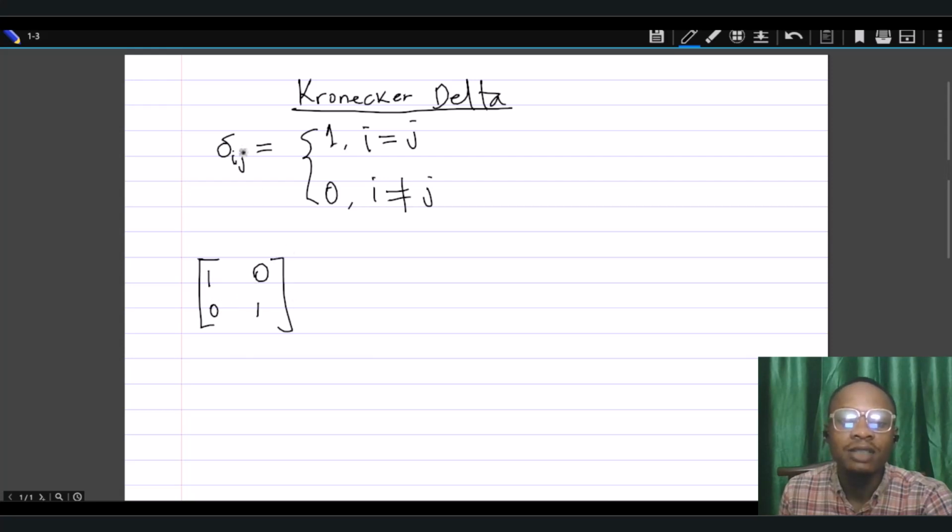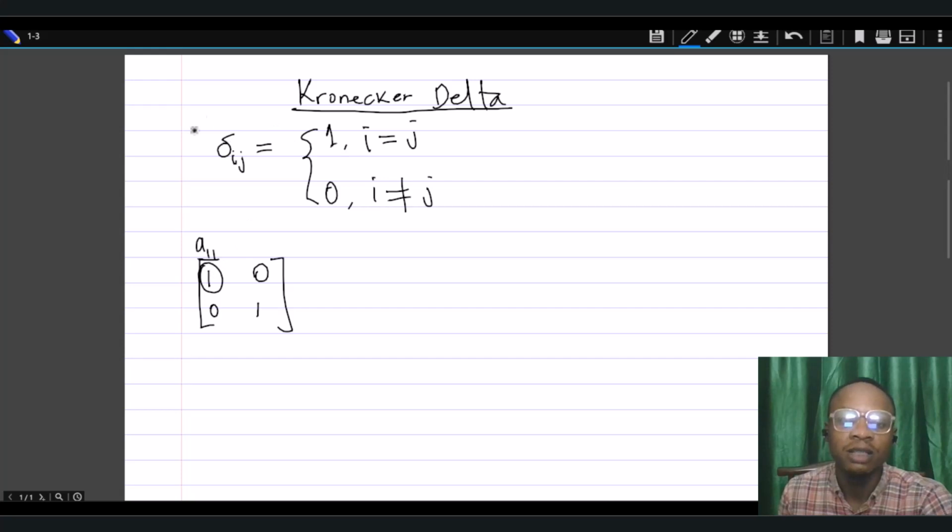If i and j represent the position of a certain element here, then this expression is on the first row and the first column, so this is A11. Because the subscripts i and j are the same, the element is 1.